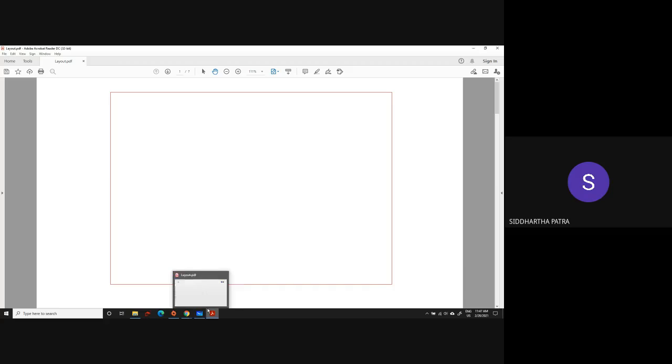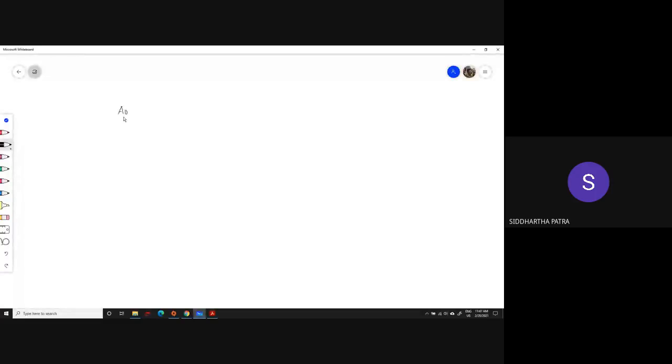And you must be already familiar with the BIA standard, the sizes of the drawing sheets as A0, A1, A2, A3, A4, and so on, right? Now, do you recall how the dimensions could be obtained for each of the paper sizes?